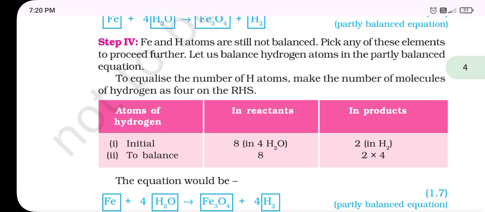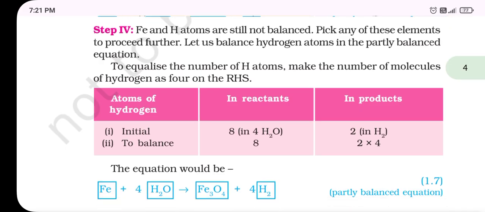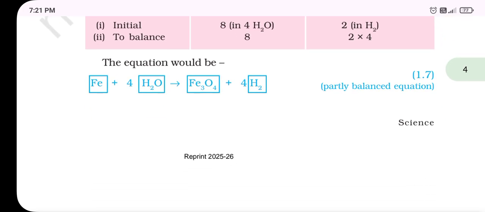To balance the atoms of hydrogen in this equation, on the reactant side 8 is okay, but on the product side you have to multiply by 4. So we put 4 on the left side of H2.